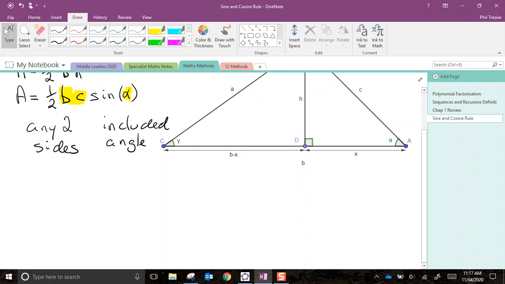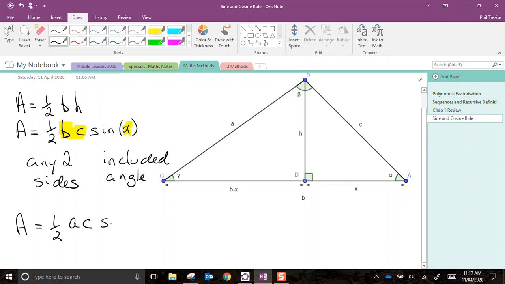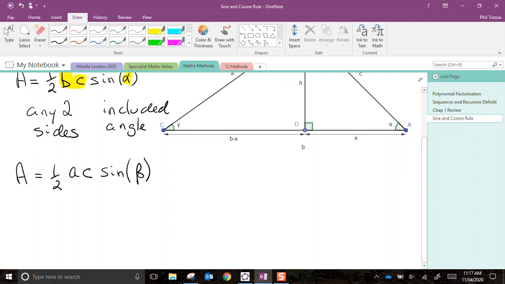But I could have written the area of the triangle as 1/2, let's imagine I went side a and side c, a times c, and the included angle there would have been the sine of angle beta.